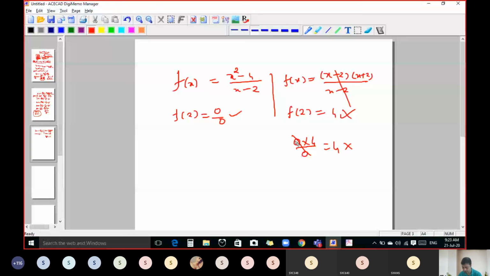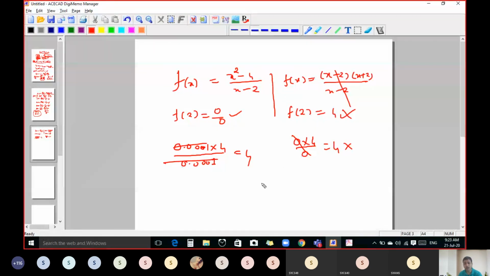But see the concept of limit. Instead of 0, if it is 0.0001 into 4 divided by 0.0001, it is possible to cancel this and it is possible to write the answer 4.